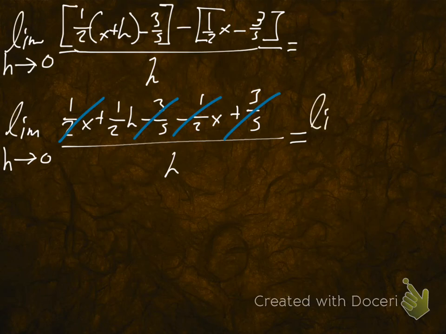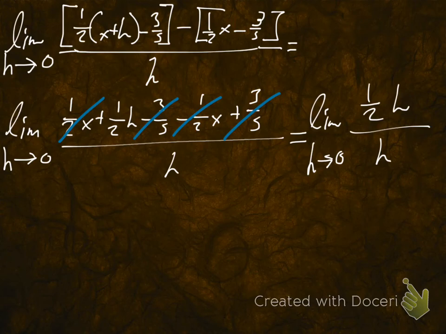So we have the limit as h approaches 0 of 1/2 h over h. And now the term delta x, or the term h, because h is going to 0, it just divides out, and we can actually calculate the limit, right? So what's that going to look like? Get rid of the h, get rid of the h, and now we're going to have the limit as h approaches 0 of 1/2.